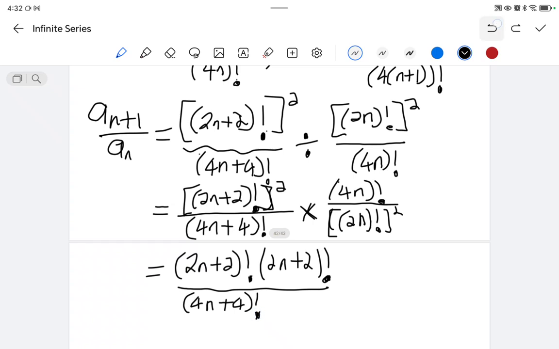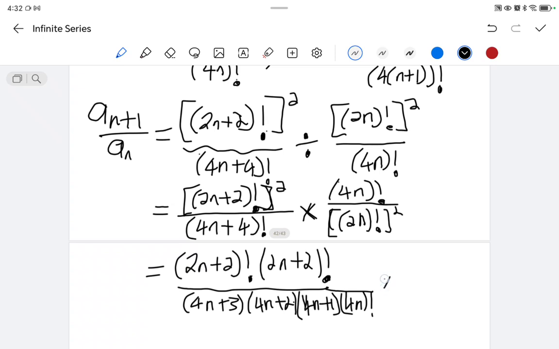Let me start by reducing this denominator, which we know we should reduce to this: (4n+4), (4n+3), (4n+2), (4n+1), then (4n)!. I was just reducing one unit at a time.